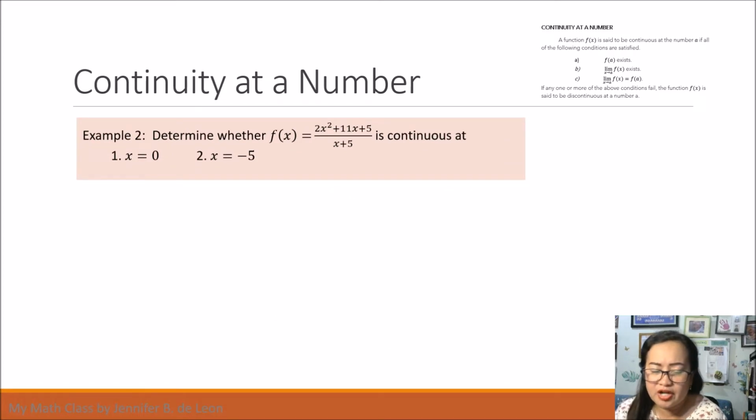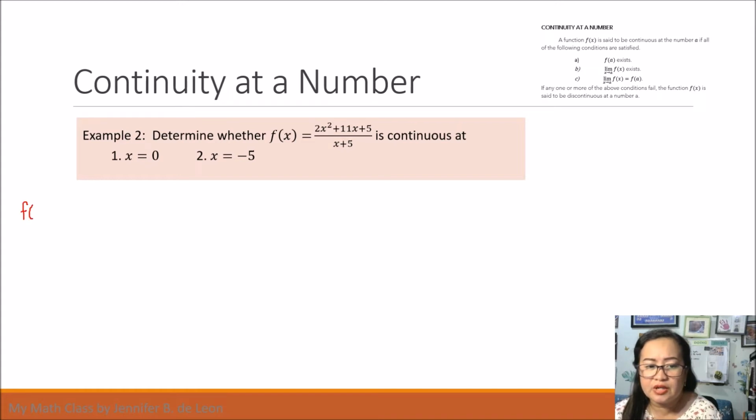Determine whether f of x equals 2x squared plus 11x plus 5 all over x plus 5 is continuous at x equals 0, and the second one is x equals negative 5. We first determine whether the function is continuous at x equals 0 by using the three-step method.